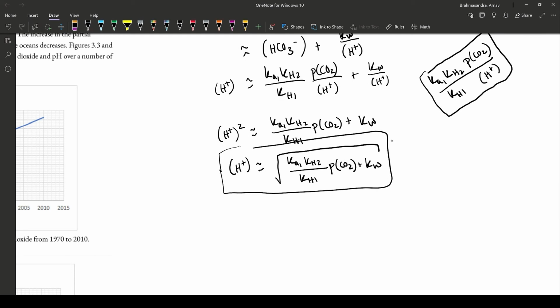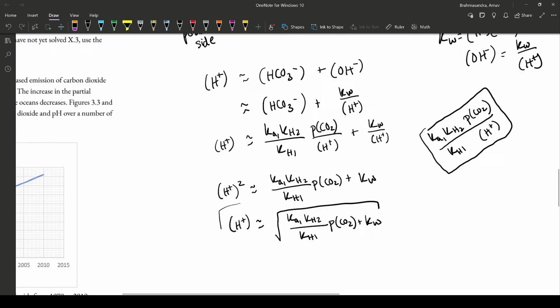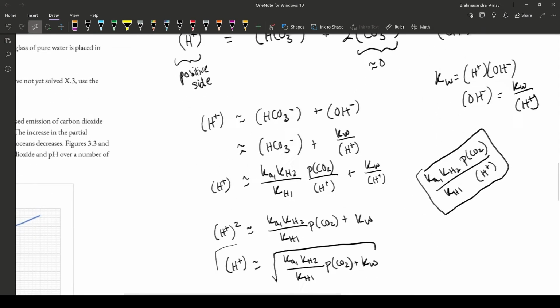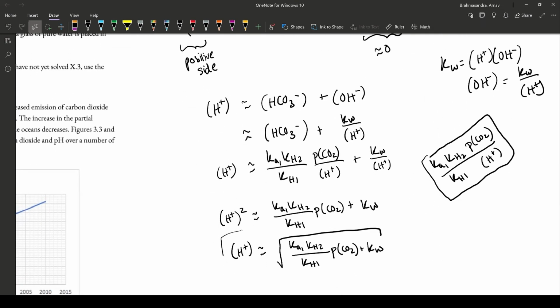You can see that all we did was first set up our charge balance. We then made an assumption that was sort of given to us: that carbonate is 0. Then we tried to rewrite the stuff we didn't want. We don't want HCO3 minus. We don't want OH minus.